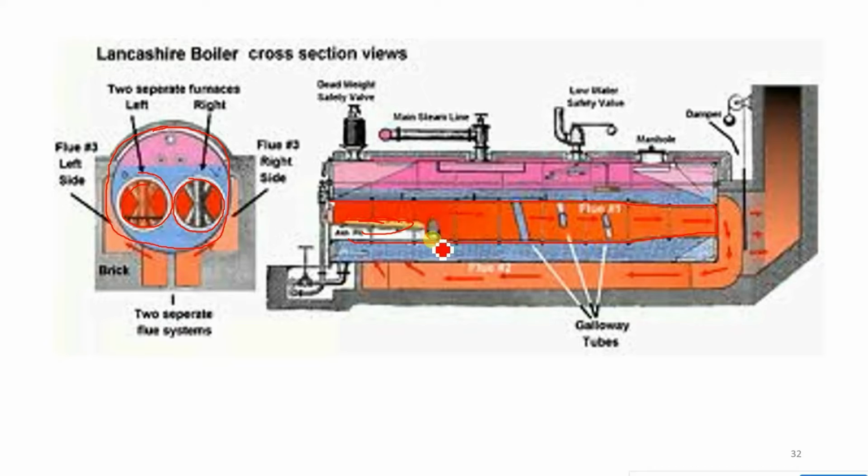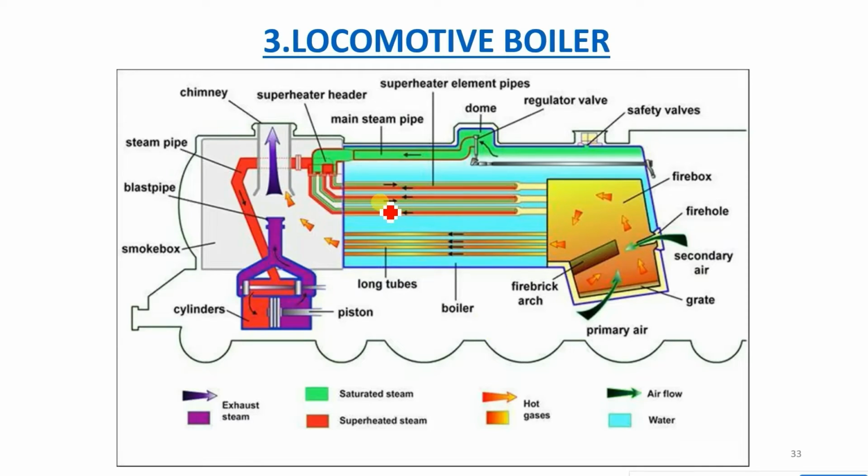This is a brick arc which prevents the entry of coal and ash in the fire tubes. The flue gas first moves in this direction, then in this direction, then again moves in the upward direction where from lateral side it hits the water. Okay. Next, locomotive boiler.